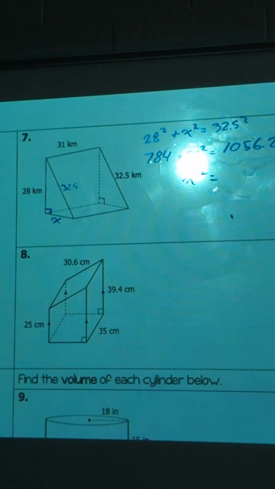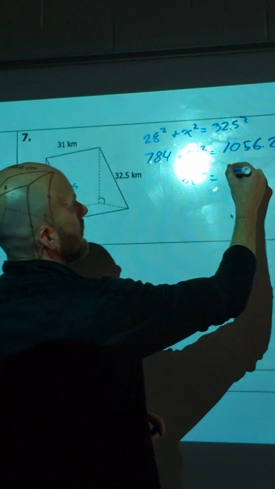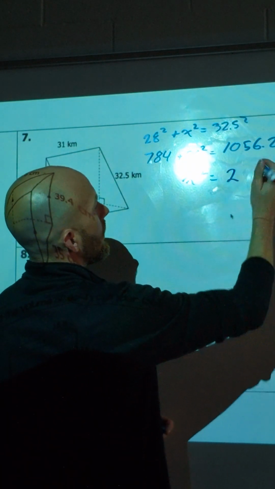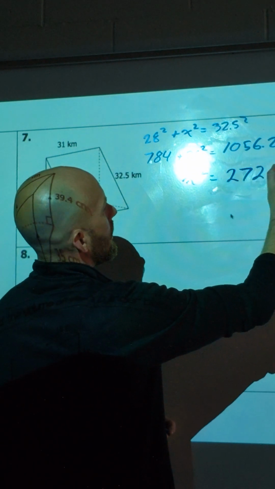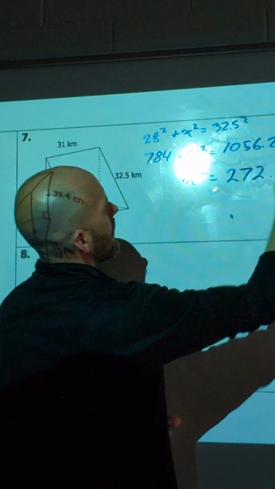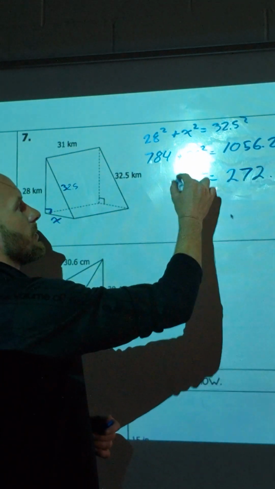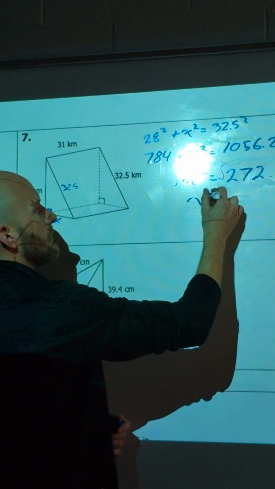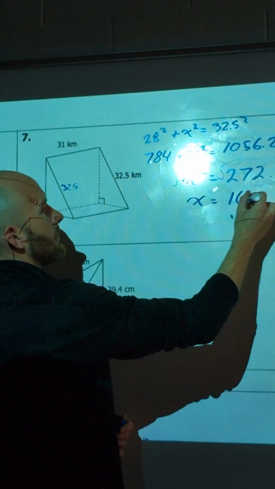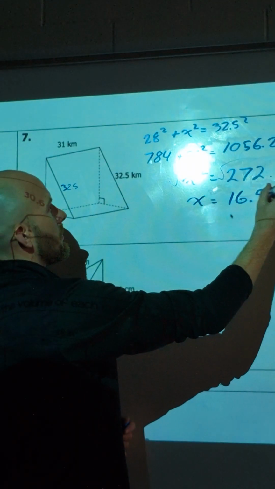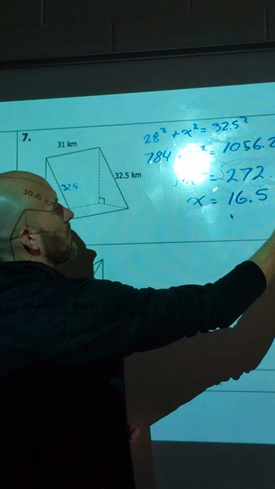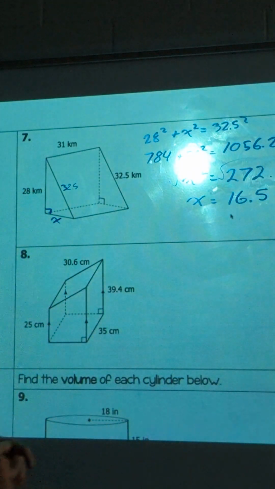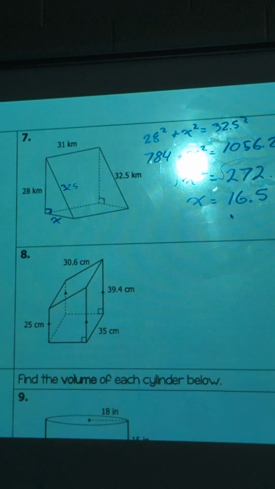Subtract the 784 over. 32.5 squared is 1056.25, so x squared is 272.25. Okay. And then square root. 16.5. Everybody good with just solving for that missing side?